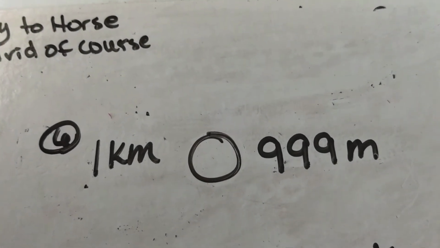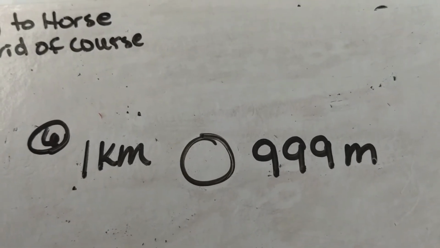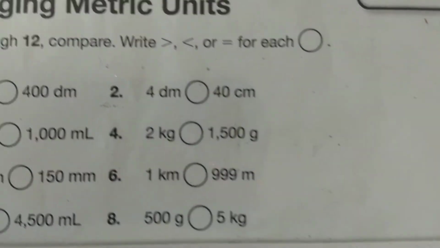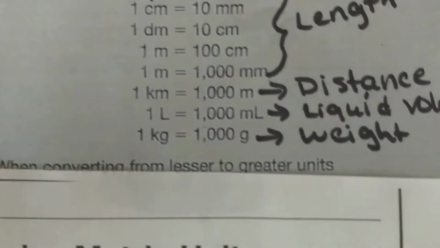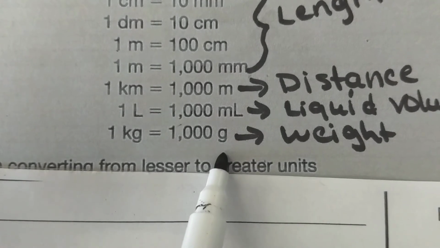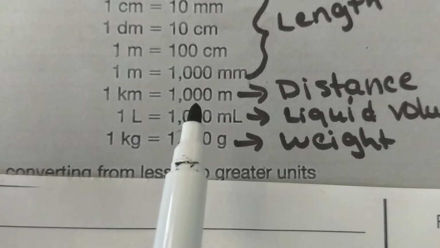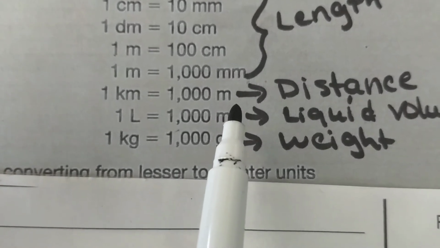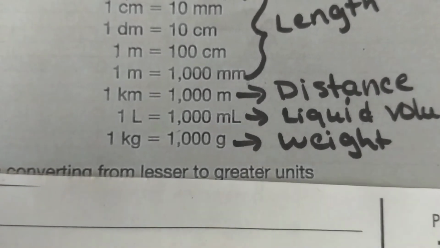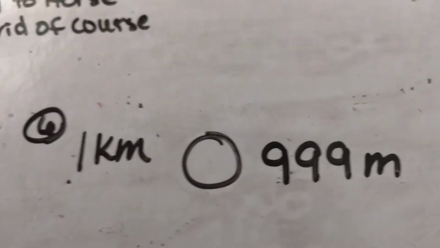1 kilometer is greater than, less than, or equal to 999 meters. Let's look at our chart. All the way at the top. 1 kilometer is equal to 1,000 what? Meters, right? Okay, so let's look at our chart for one moment. We looked at our chart, so let's look at our paper.